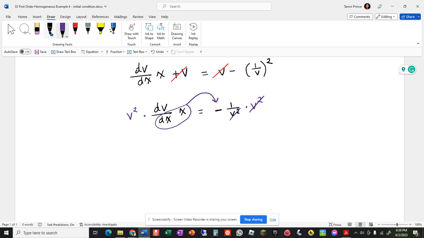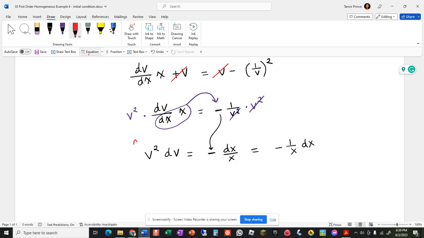So on this side I have v squared dv. On the other side I have negative dx over x. The negative is coming from here. And when I flip x over dx, I get dx over x. Of course, this I can rewrite as -1 over x dx.